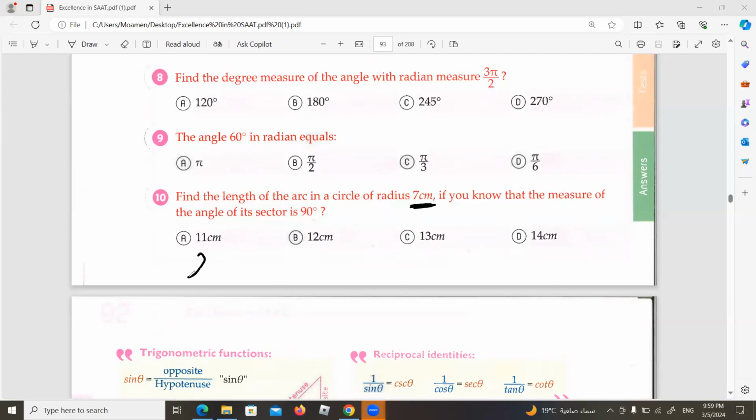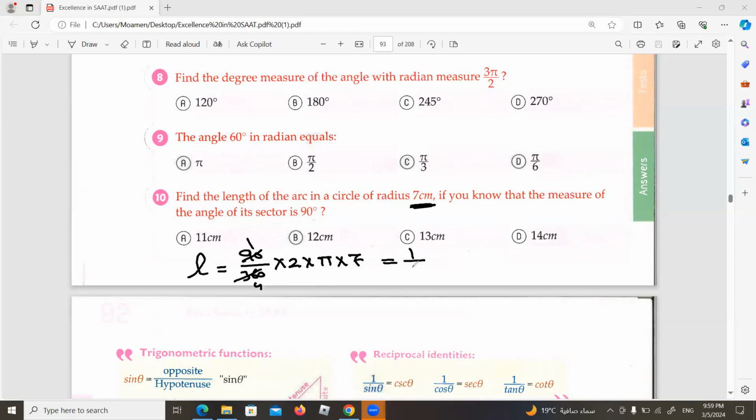It's up to you. I get the length as 90 over 360 times the circumference, 2 times pi, times r, which is 7. Pi is 22 over 7, as we said before, so I cancel. Divide by 90 equals 1, divide by 90 equals 4.